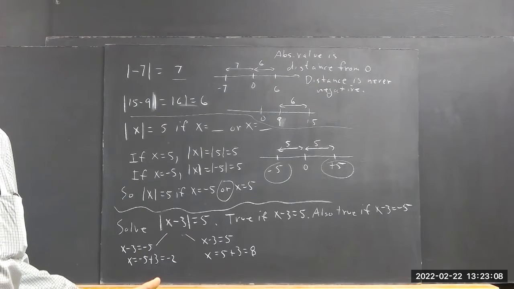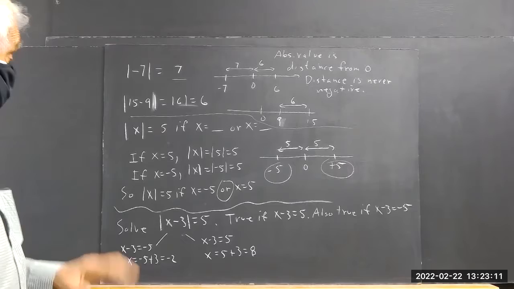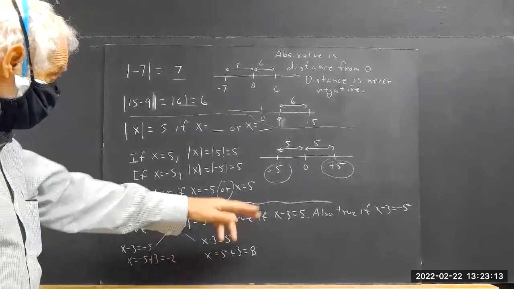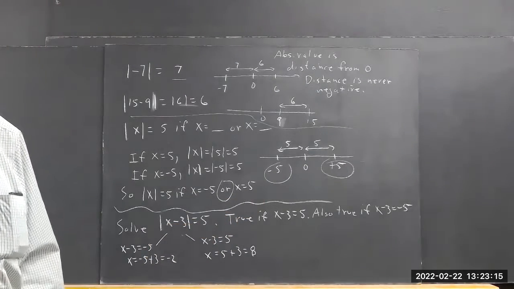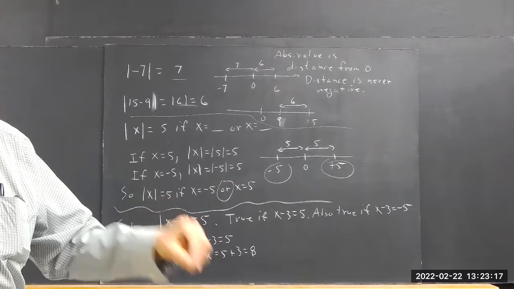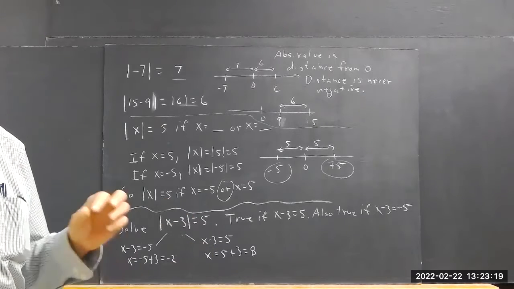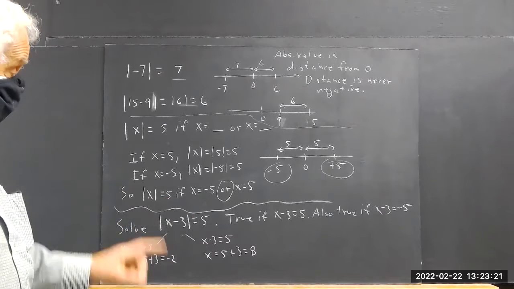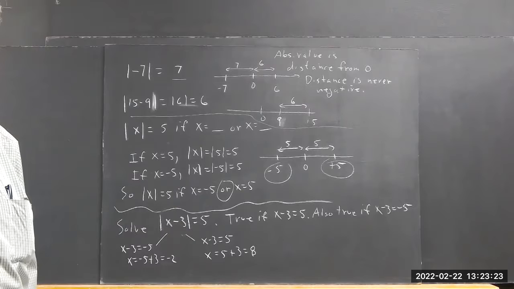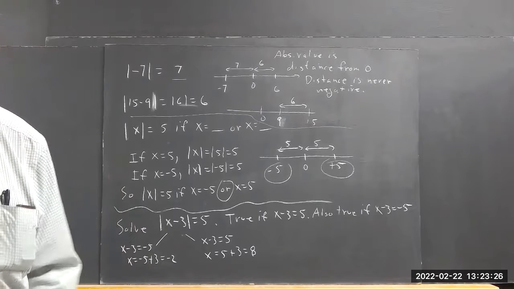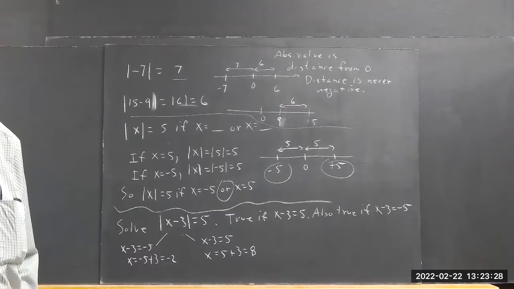Most people don't think. Most people just remove the absolute value sign, solve, and think they've done it. Please don't be that way. Please be sure that you focus on what I'm telling you and what Open Math will tell you, probably in different words.